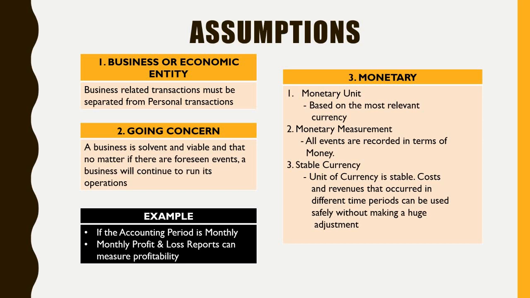Is it performing well? Is it doing badly? Is there something occurring that's causing a huge dip? So that's exactly what the assumption here is, that they break down the accounting period so that you're able to find a means to measure performance in your company.